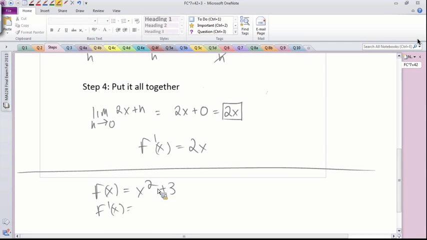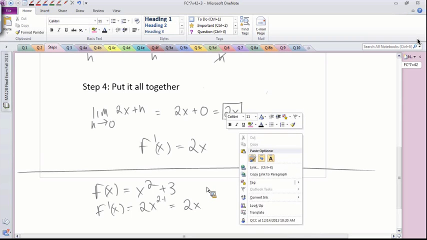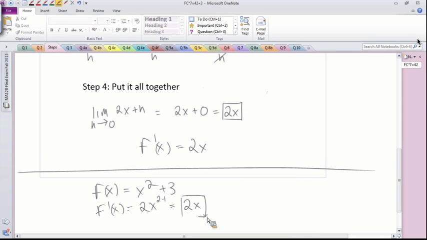We bring the 2 down, we subtract 1 from the exponent, and the derivative of 3 is nothing, so this simplifies to 2x. So it's the same thing. We can use the power rule, we can use the definition of derivative, but the derivative is a derivative, so 2x. Answer is 2x.